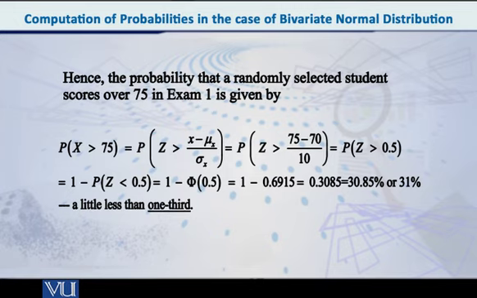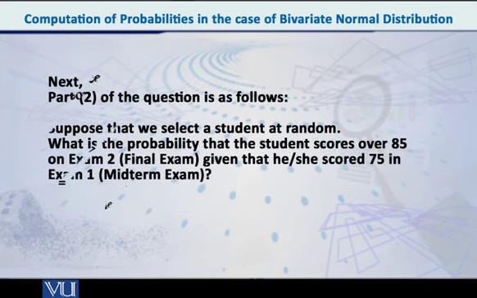Let us now focus on the second part of the question. I will repeat it for you. And what is the question? What is the probability that the student scores over 85 on exam 2, that is the final exam, given that he or she scored exactly 75 in the first exam, exam 1, the midterm exam?